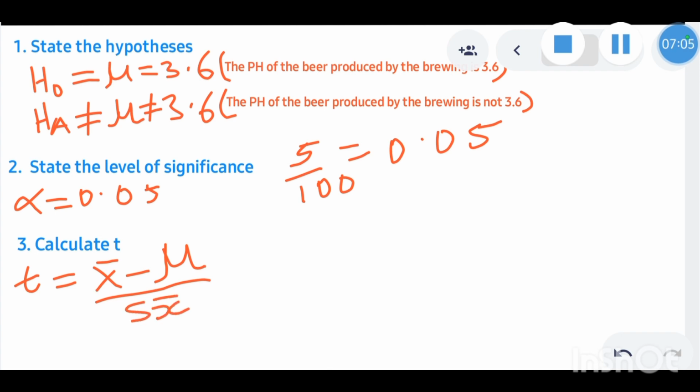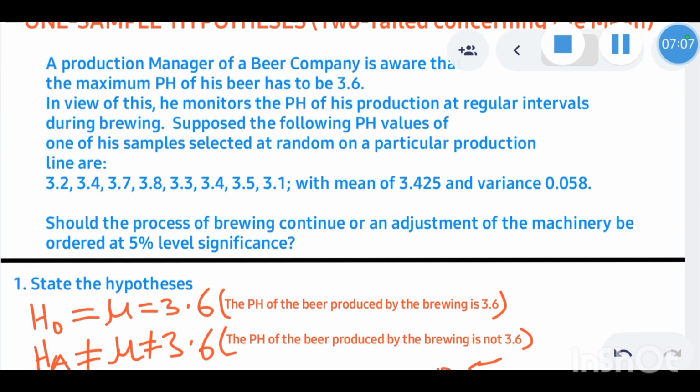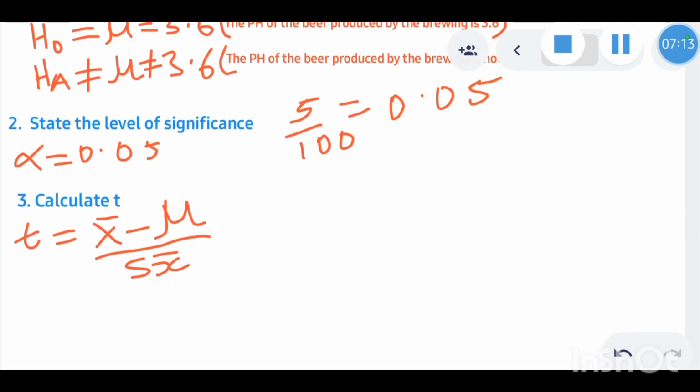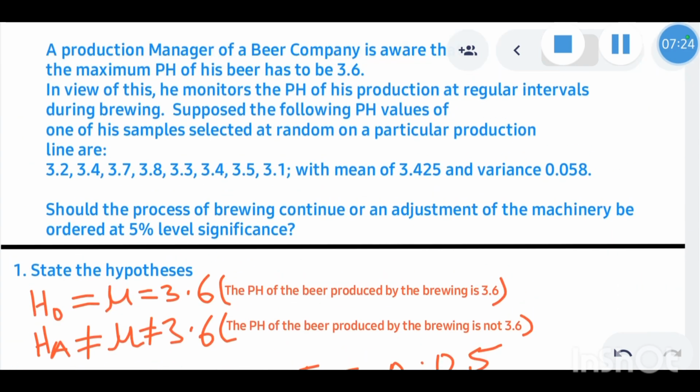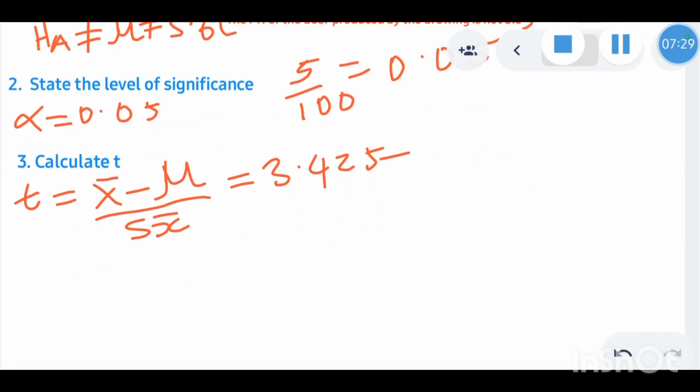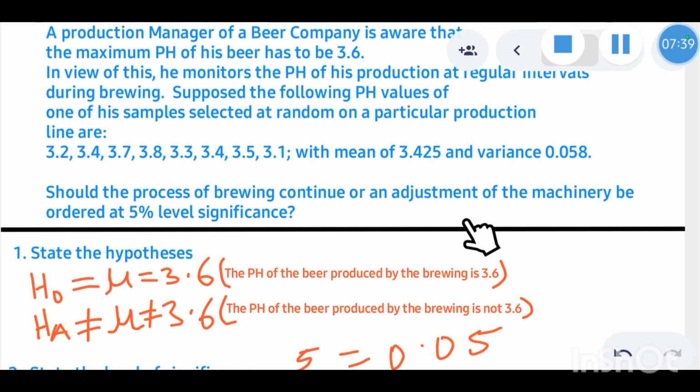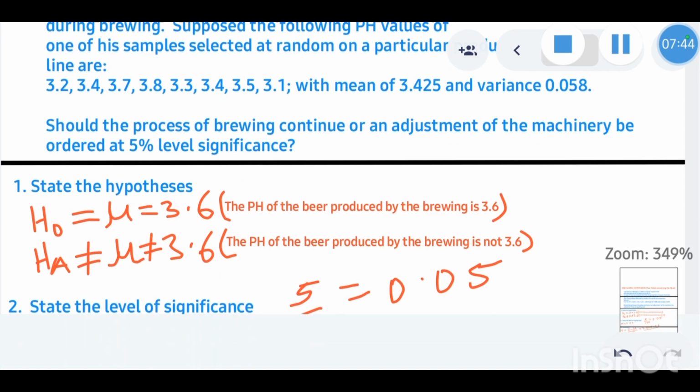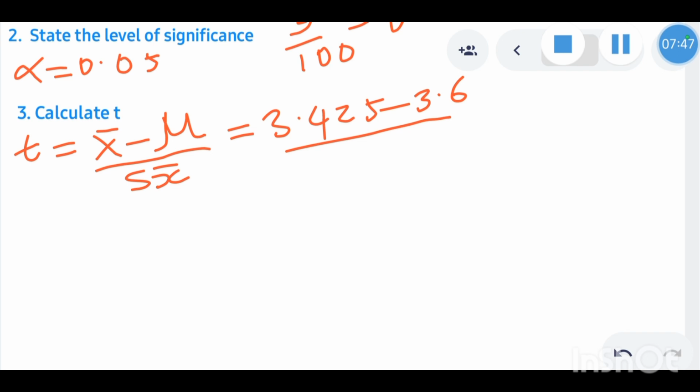Referring back to our question, we could see that the sample mean here is 3.425, minus the population mean, which is 3.6, over the standard error. Variance was given instead of standard error, and through variance we could get our standard error.